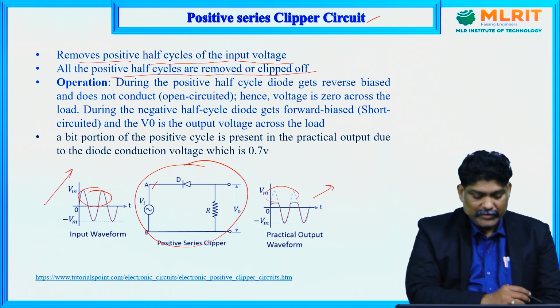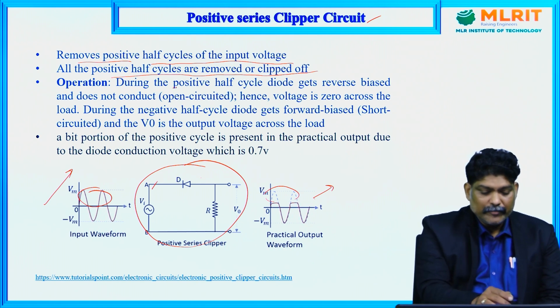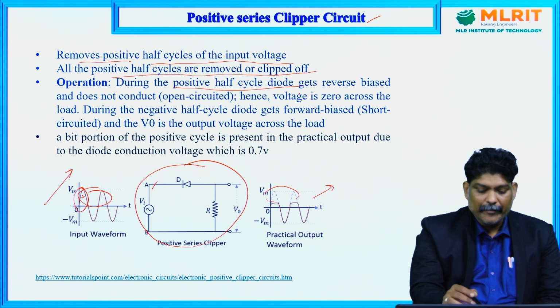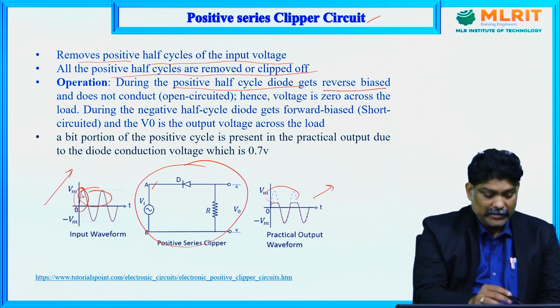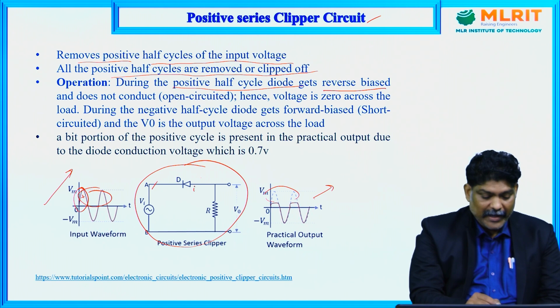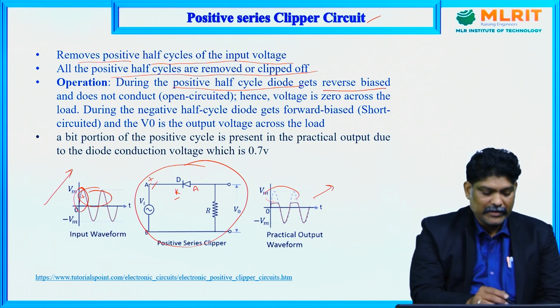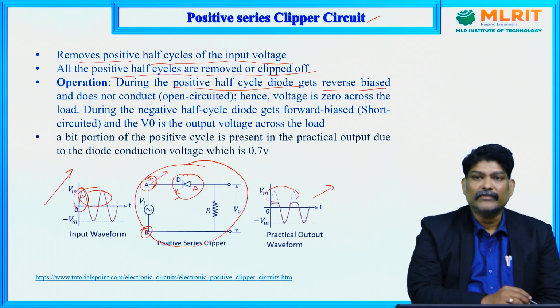Let us see the operation during the positive half cycle. The diode gets reverse bias, because this is the anode and this is the cathode. During the positive half cycle, terminal A gets more positive compared to B. So positive is connected to the cathode of the diode.